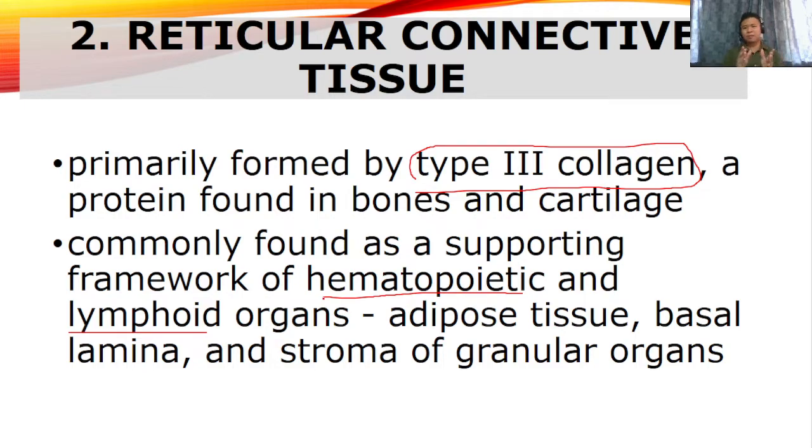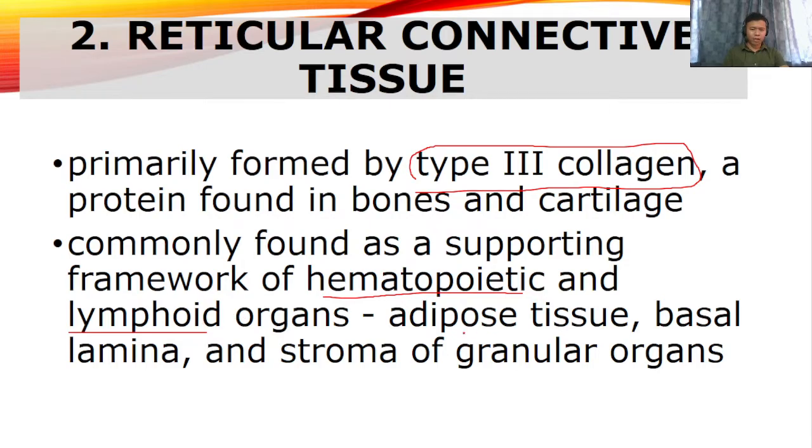That's the lifespan of our blood cell. There is a continuous production as our blood ages after 120 days. We also have our lymphoid organs in our lymph nodes.